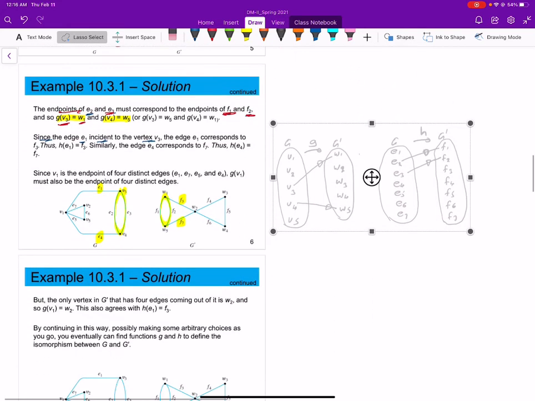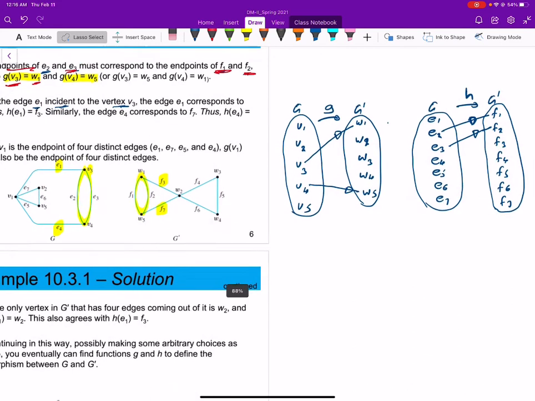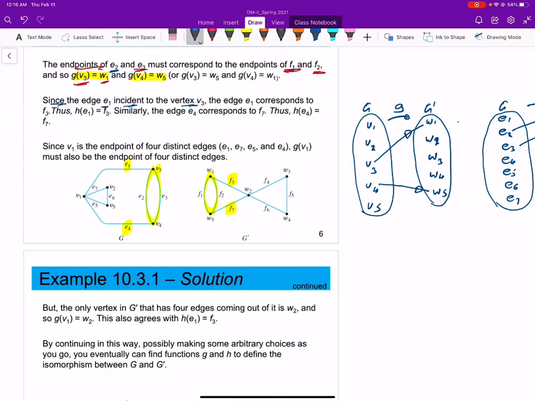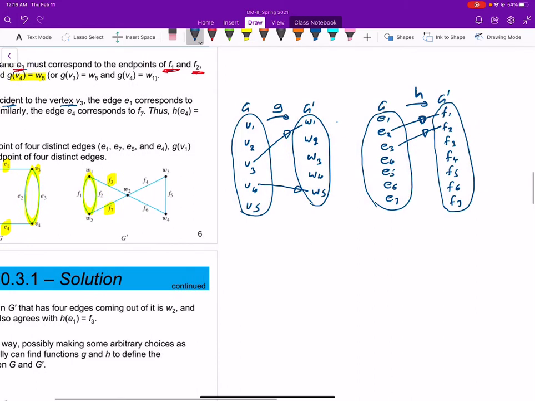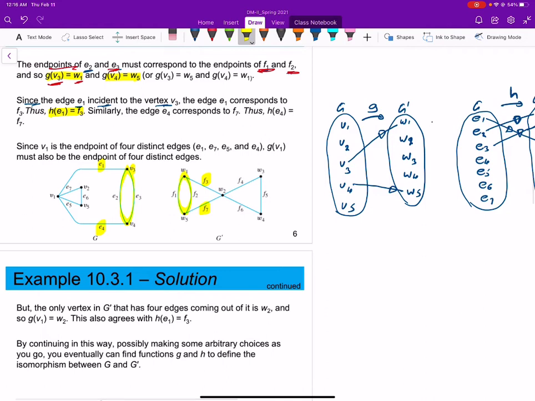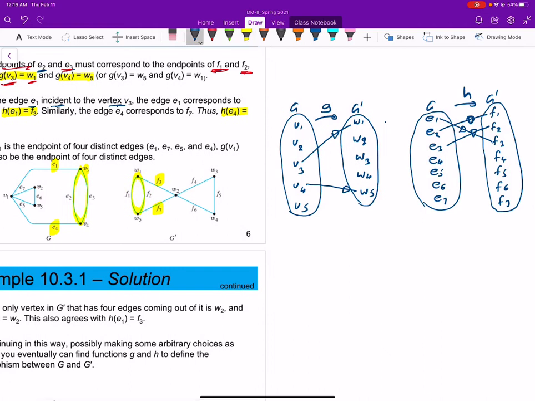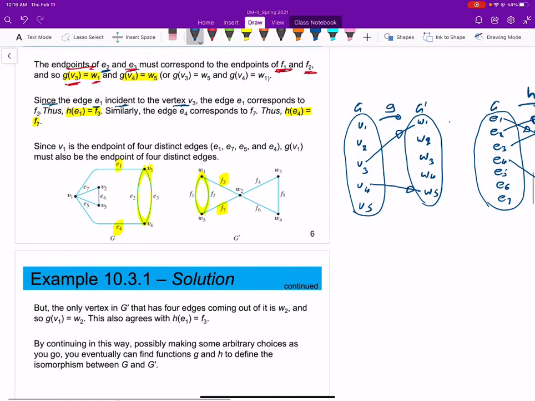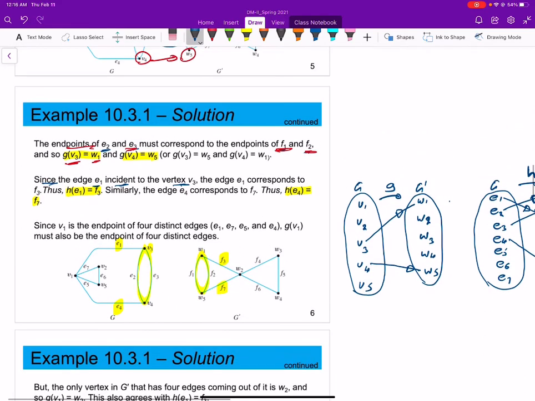Now I'm going to map E1 with F3, and then E4 with F7. Now I'm done with this entire part.